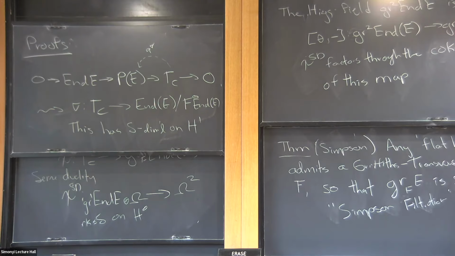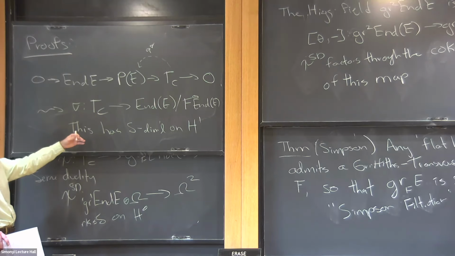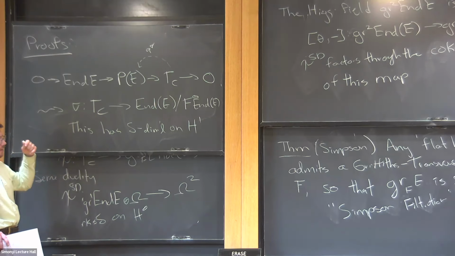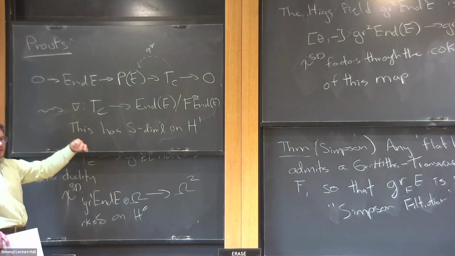And in the large diagram of comparing the two, if the filtration happens to deform in the same locus at which the vector bundle deforms, then one of these maps in the long exact sequence you get in cohomology is going to vanish.